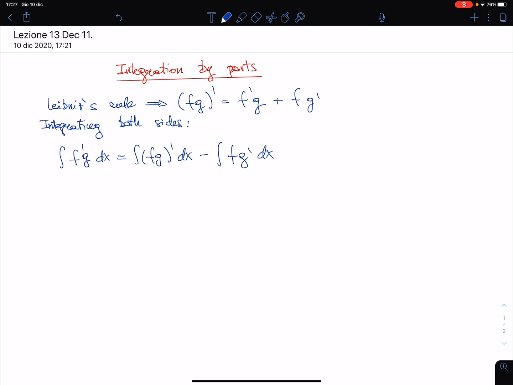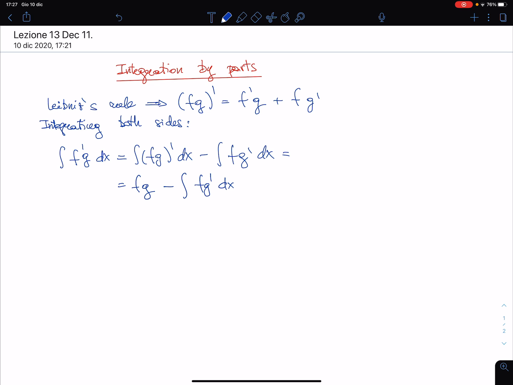And this is just an indefinite integral. So we search for primitives, and of course a primitive of (fg)' is fg. And then here we remain with minus the integral of f g' dx.